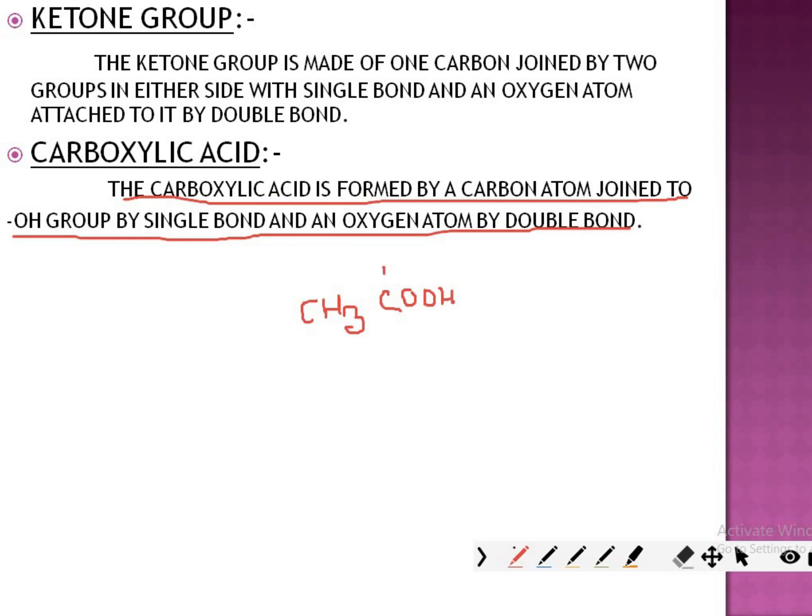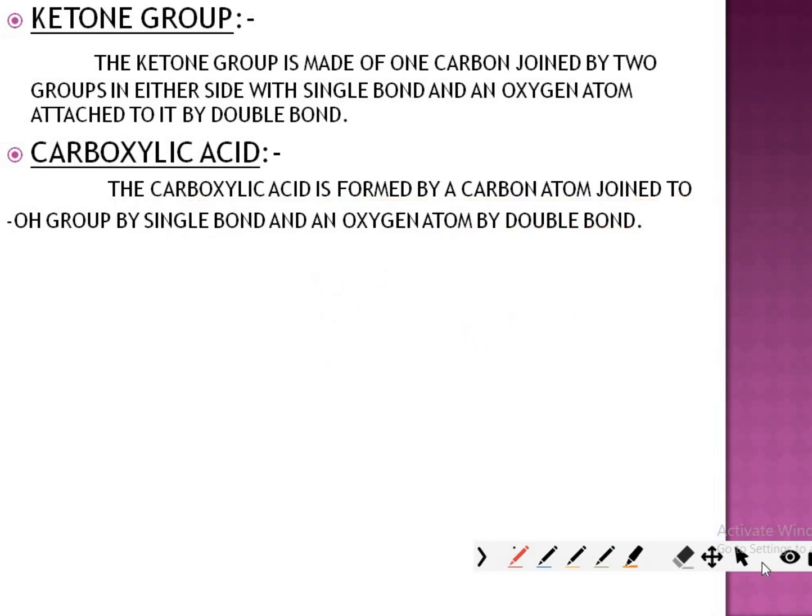Now how many carbons are there? 1, 2, so it will be eth, then an, and then 1, and then we use oic acid for carboxylic acid. So this is ethanoic acid, also called acetic acid.